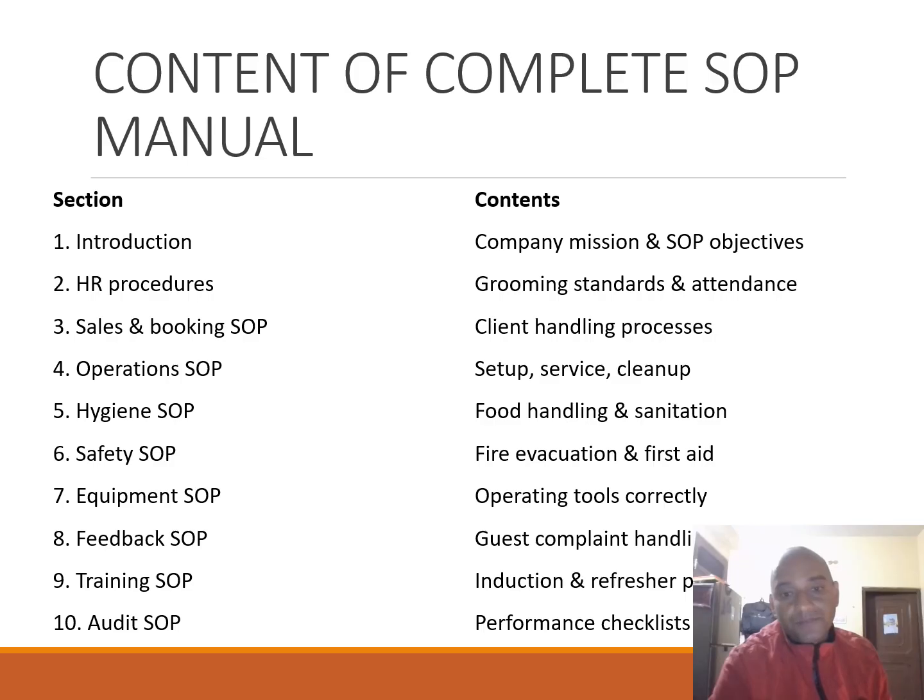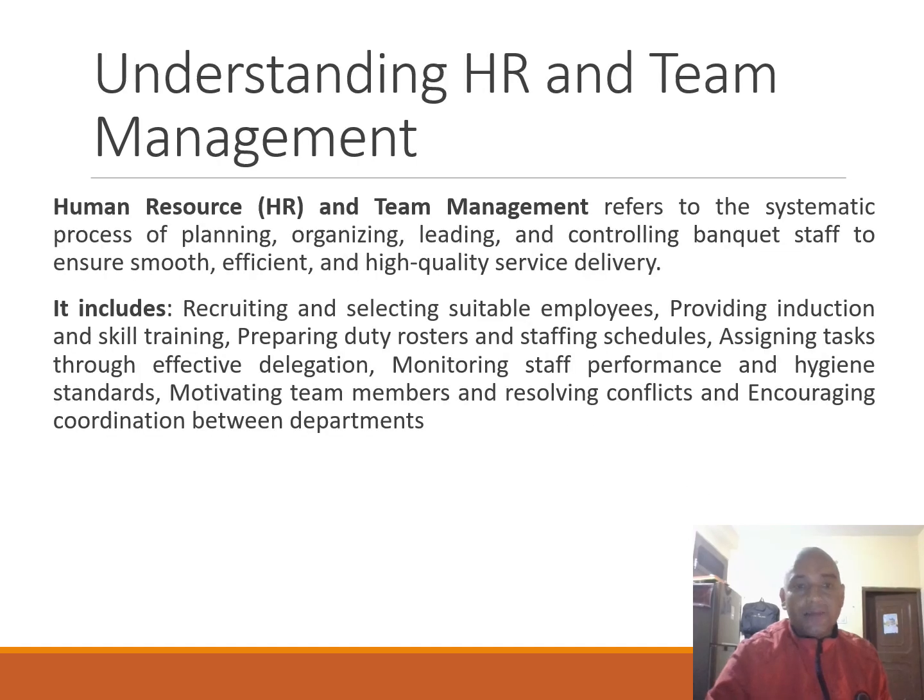Safety SOPs: fire evacuation and first aid. Equipment SOPs: operating tools correctly. Feedback SOPs: guest complaint handling. Training SOP: induction and refresher. Audit SOPs: performance checklists. So these are some of the complete SOP manuals for the students' understanding.